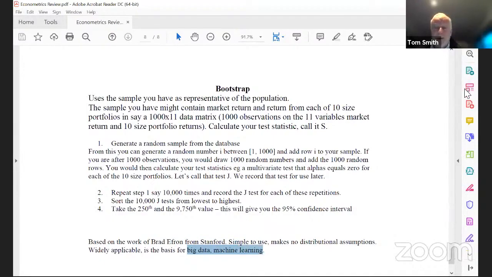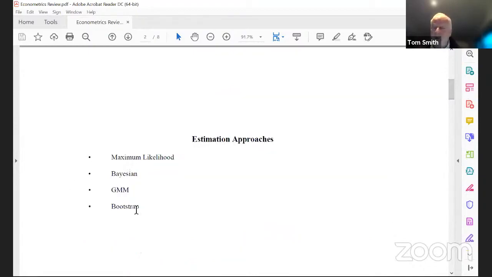So going back, I think you knew these things, but maybe didn't put them together. Four different estimation approaches. Maximum likelihood, which is mainly where you do ordinary least squares. Bayesian, where you have a prior, you look at the data and you update the prior. Generalized method of moments, which can nest maximum likelihood: you get the same estimates, you'll get the same standard errors if the assumptions underlying maximum likelihood are met, and you'll get the right standard errors and the right inference if they are not met.